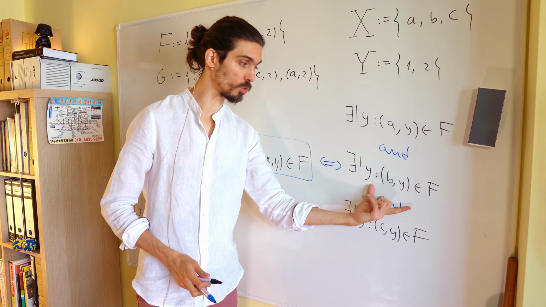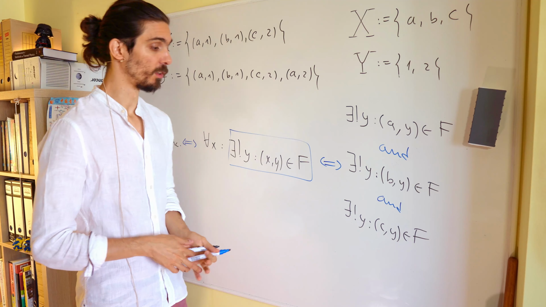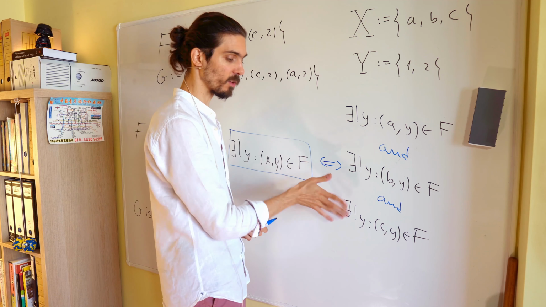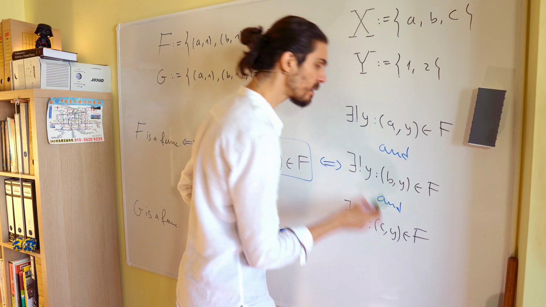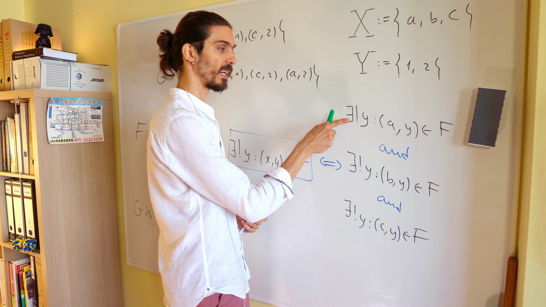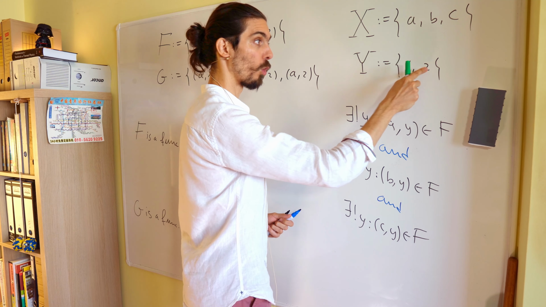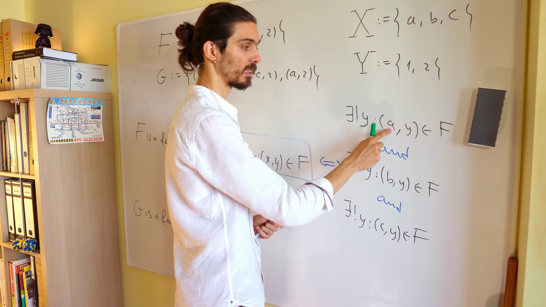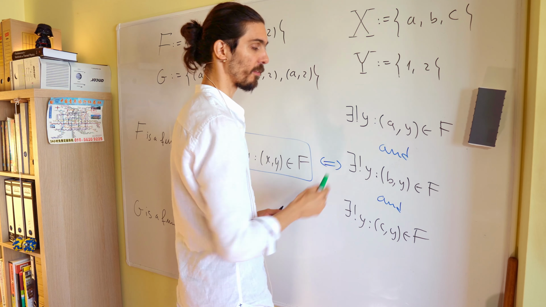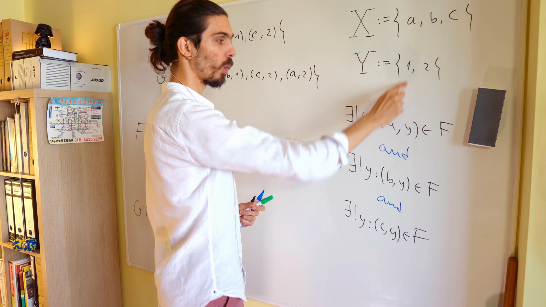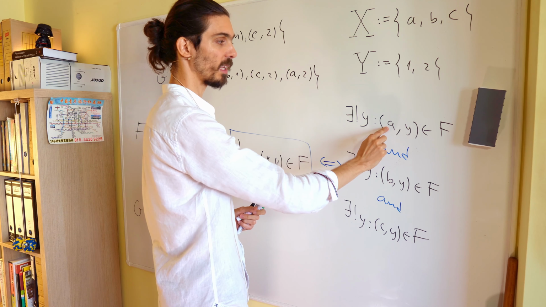So let's evaluate the truth value of each. Is it true or is it false that there exists only one y, so y is either 1 or 2, that makes ay in F? Well, when y is 1, you have a1. Is it true that a1 is in F?